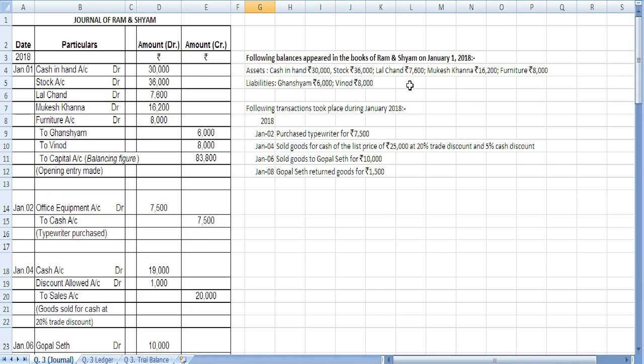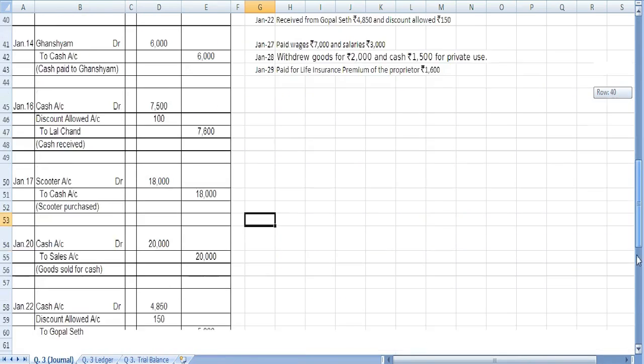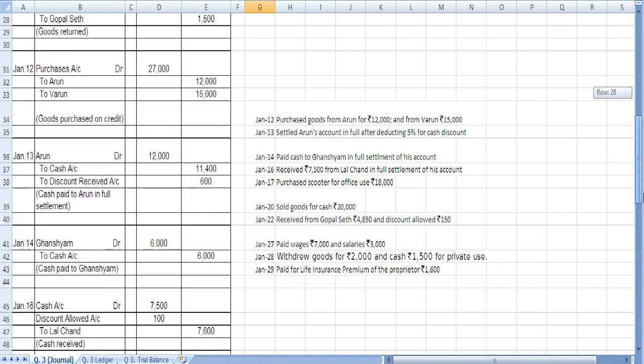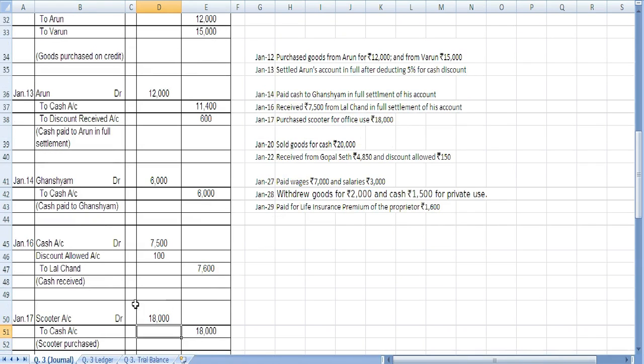Lal Chand 7,600, and here we're settling with 7,500. So Lal Chand was supposed to give us 7,600. We allowed him a discount of 100, that is our expense, and we received a cash of 7,500. So cash received after allowing discount.